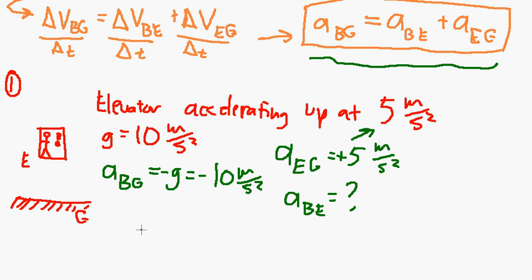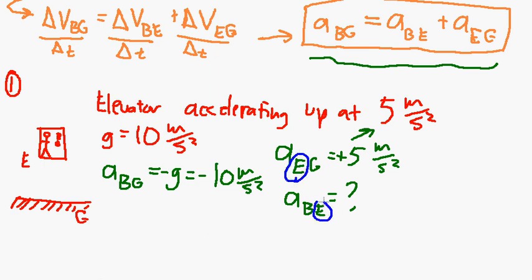We've got acceleration of ball with respect to ground, acceleration of ball with respect to elevator, and acceleration of elevator with respect to ground. Let's say we remember that we can add up two of these things and get the third one. Which ones do we add up? Which ones can we sandwich together so that the subscript at the beginning of the second term matches the subscript at the end of the first term? That is pretty obviously here and here.